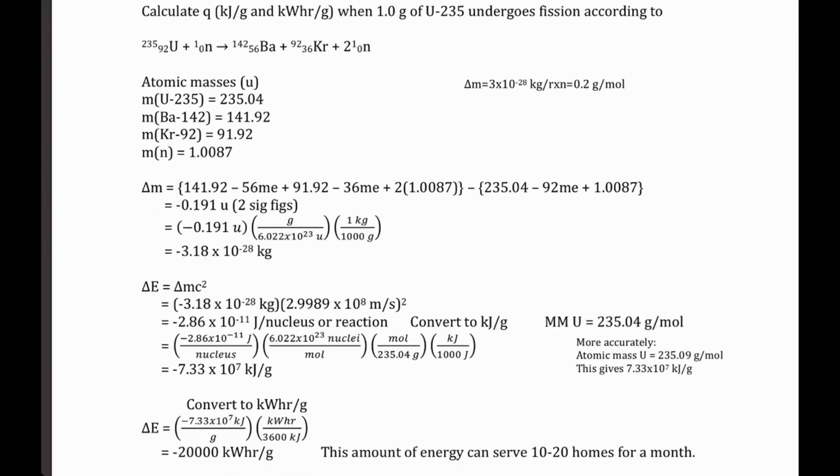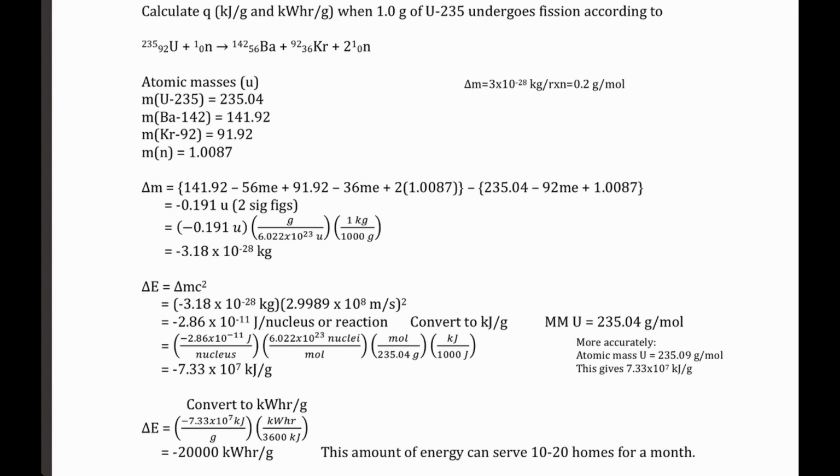So our problem here is to calculate the Q, we're told, in units of kilojoules per gram and kilowatt hours per gram when 1.0 grams of U-235 undergoes fission according to this reaction here. So we see the uranium plus a neutron forming barium and krypton and two neutrons plus lots of energy.